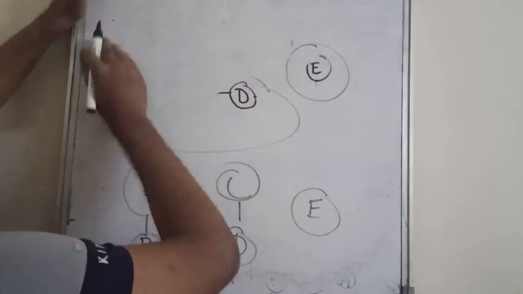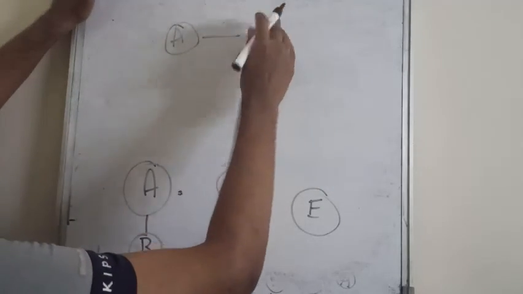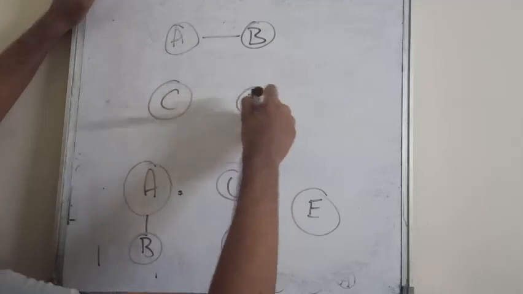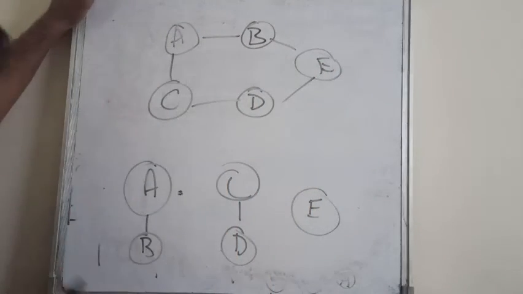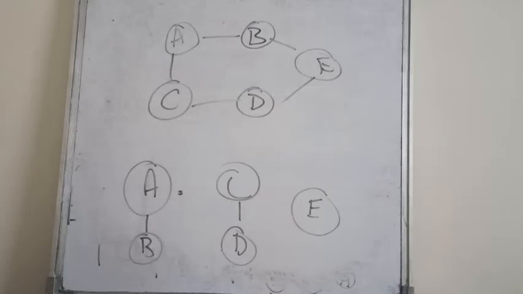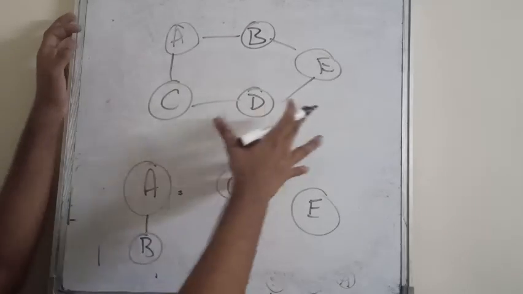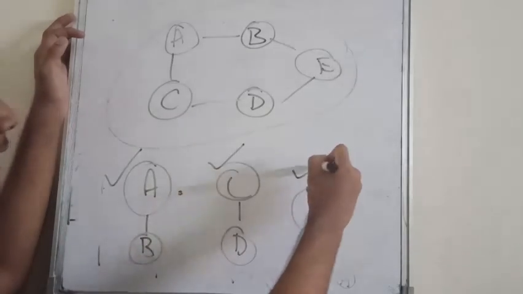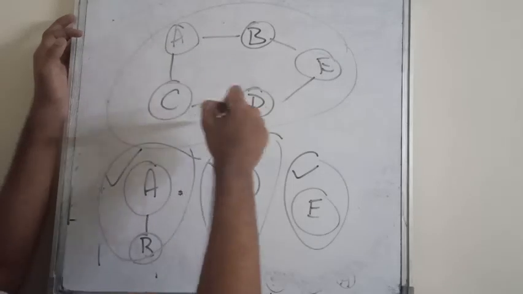So in the initial graph that we had, A, B, C, D, E, these are the three communities that are present in the initial graph.